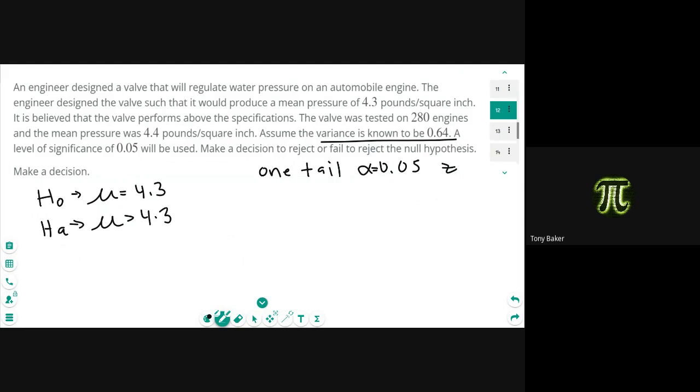Hold on a second, it says assume the variance is known, so that's the population variance. If it had said the valve was tested 280 times with a mean pressure and a variance of, then that would be part of the sample. It says assume the variance, so this is Z. And they gave the variance, so remember, you have to take the square root of that.